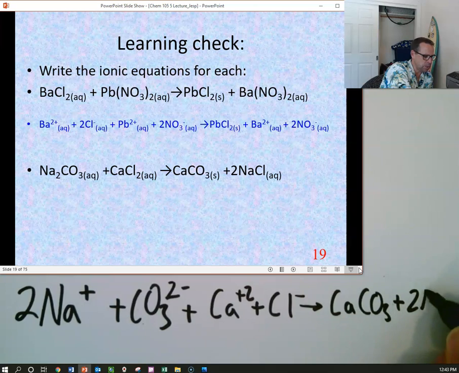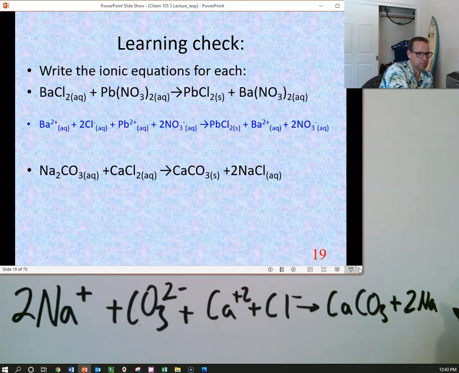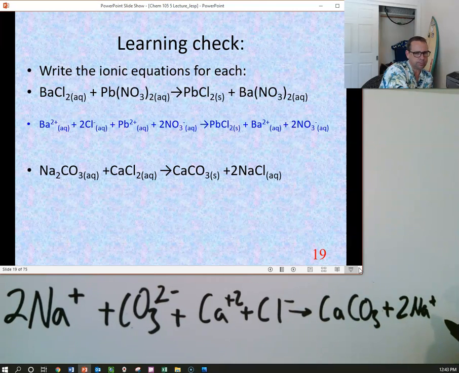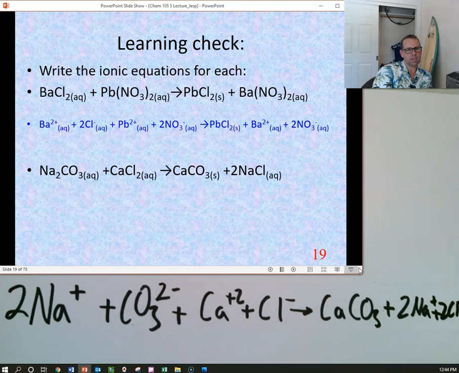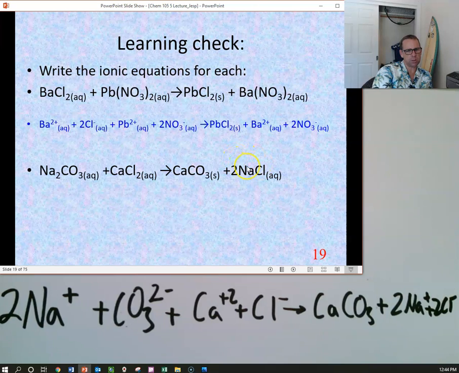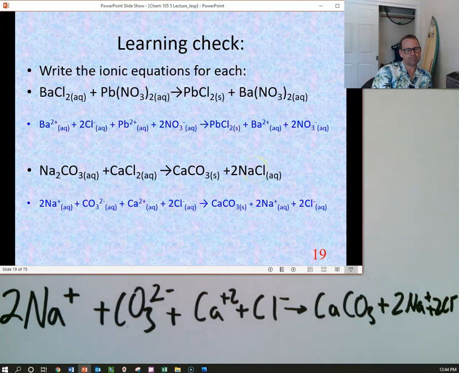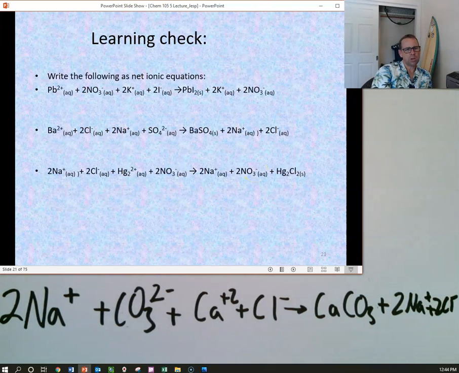Very good. 2 Nas. And chloride, 1 or 2? 2. Yeah, that's right. Very good. 2 chloride ions, because that 2 is in front, so it means 2 of both of those. Excellent. That is the ionic equation for that reaction. Very good.